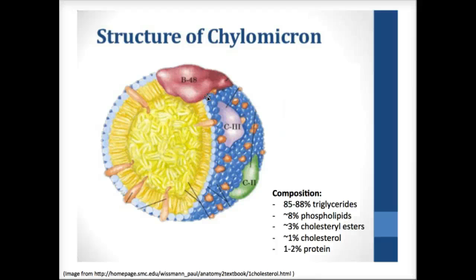So the chylomicron enters the scene from the small intestine carrying these dietary lipids, which is why this particular type of taxicab is so loaded down with triglycerides as its passengers, because it's coming from the diet from the small intestine.